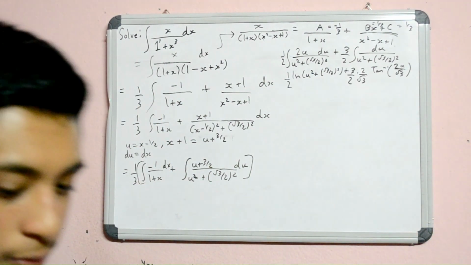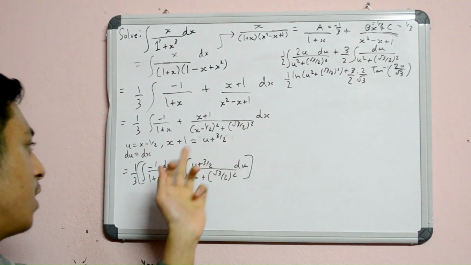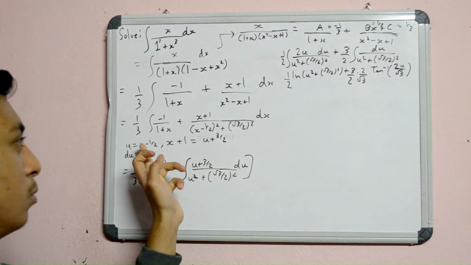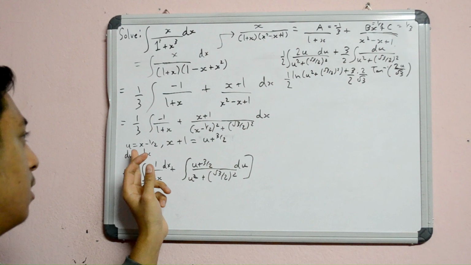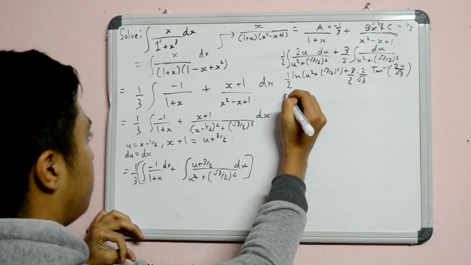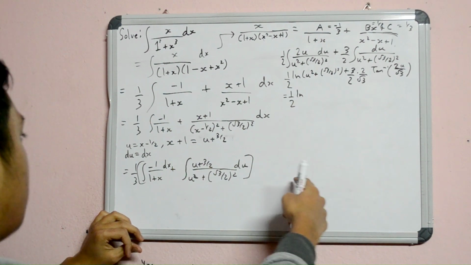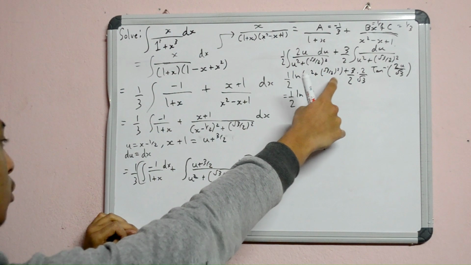And now, in fact, you know what, let's just put u back into x. So this will be 1 by 2 log natural of u square plus root 3 by 2 whole square.